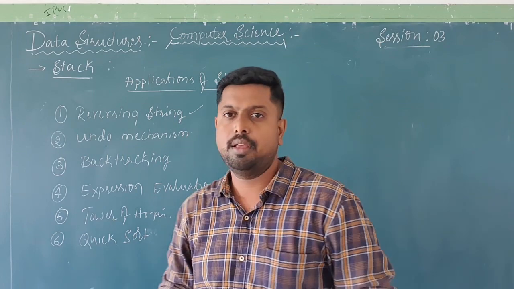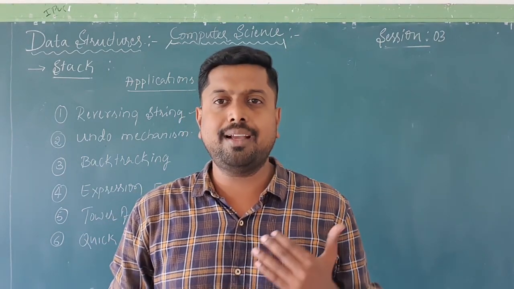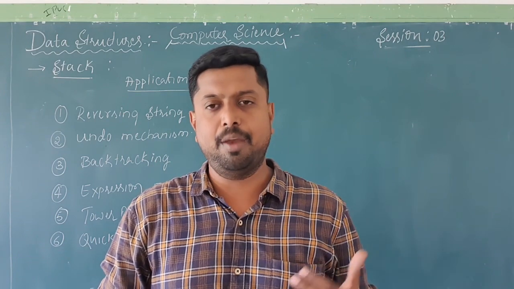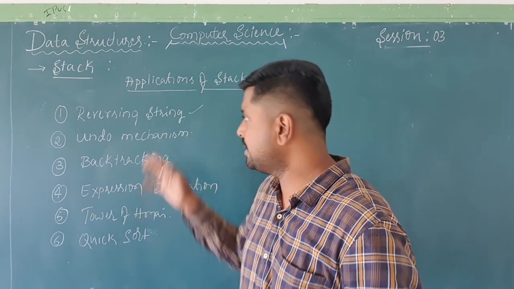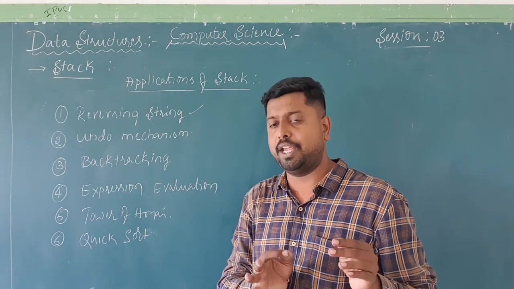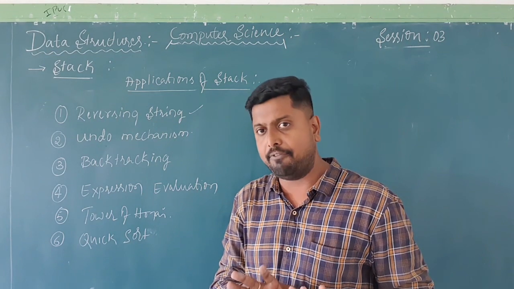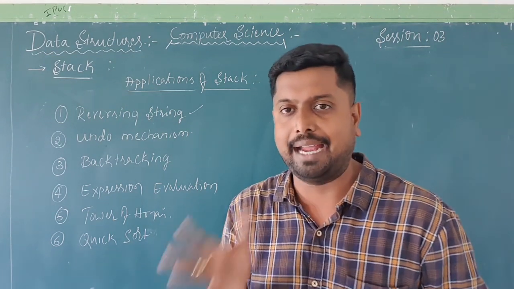And quick sort. Sorting means arrangement of elements either in ascending or descending order. There also we are using stacks. So this is the list of applications for 5 marks. If you just mention the application names, that is more than enough. Remember, very important question: applications of the stack.